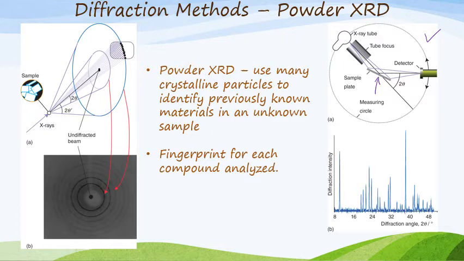In some instances, we will see what are called powder rings, and what we actually get out on the bottom right-hand side is the powder pattern, and the powder pattern is essentially a fingerprint for each compound that is analyzed.